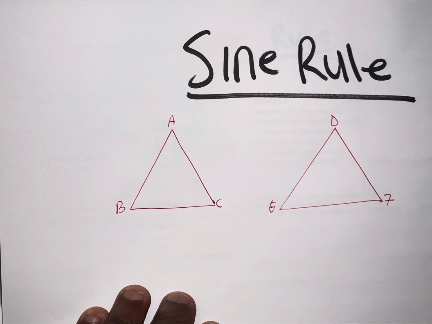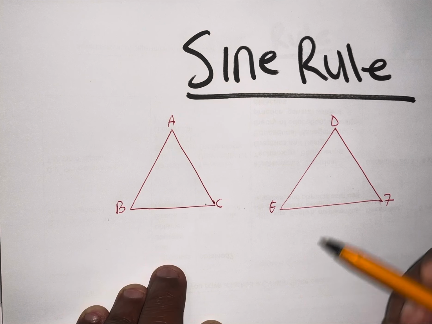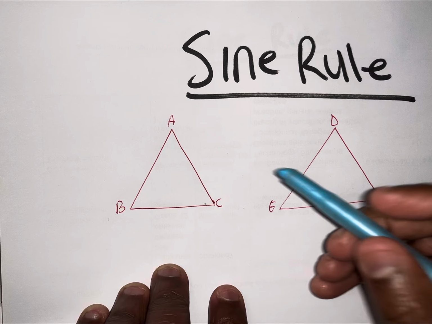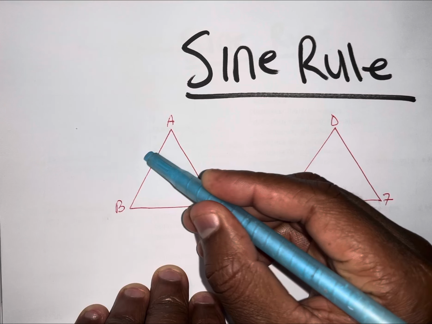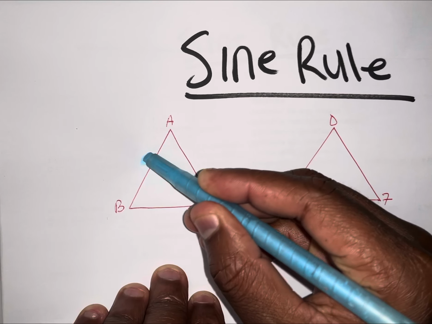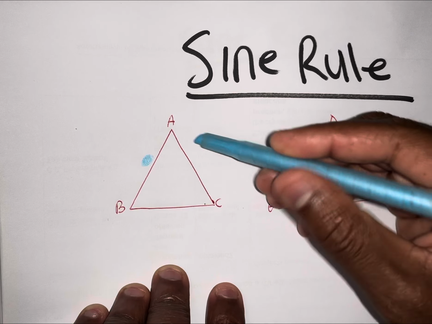Let me use triangle ABC. The first law states that you'll be given two sides. Let me say the two sides will be this side here, AB, and AC.